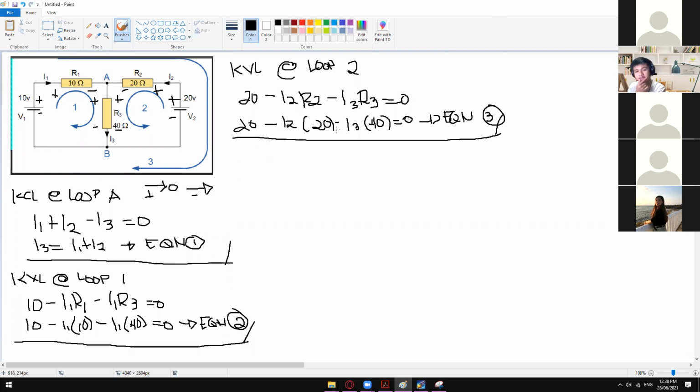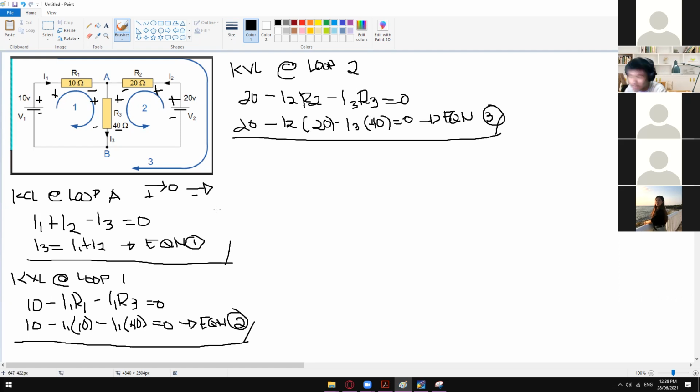Two pa rin, tatlo. So at least there's now 3. Before, there were only 2. Okay, so we have an additional 1. So I hope the others were now at least able to get 70 to 80% on how we got this equation number 3.